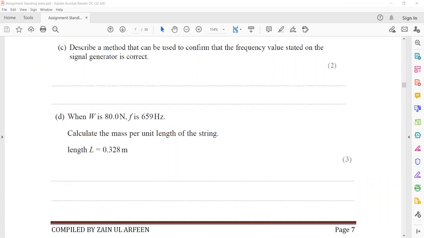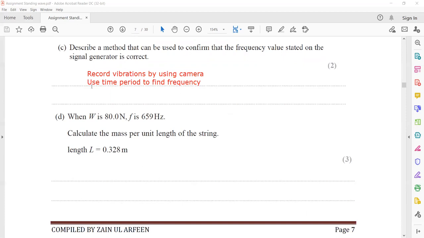We can record the vibration by using a camera, and use the time period to find the frequency. Or you can also use a cathode ray oscilloscope, CRO, and find the time period, and using the time period you can find the frequency.